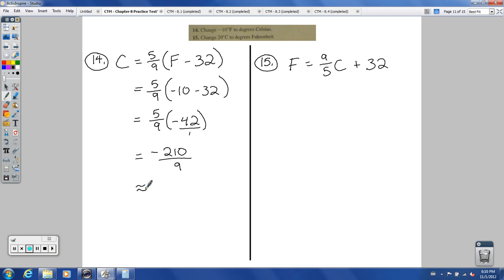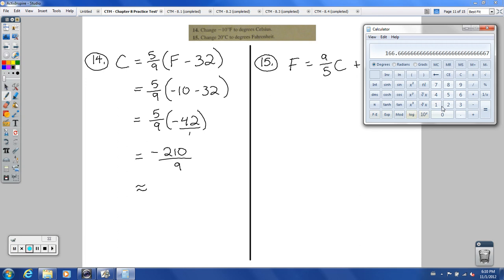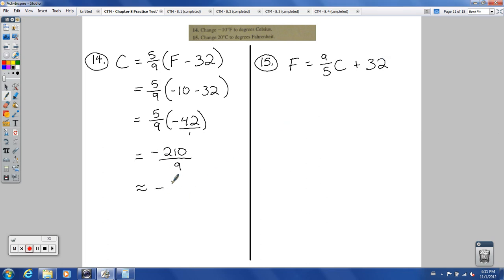And that's about, if you plug this into a calculator, that's going to be pretty cold there. 210 divided by 9 is about 23.33, but we have a negative out in front of there, so -23.33 degrees Celsius.